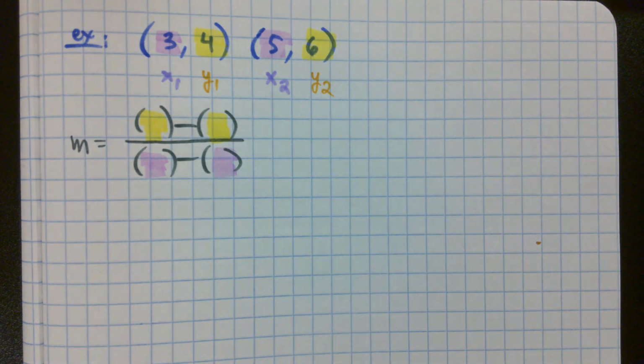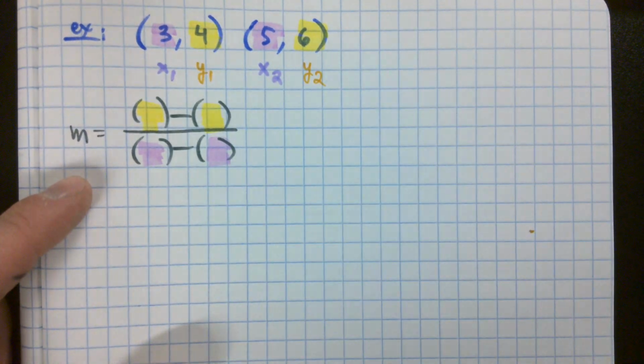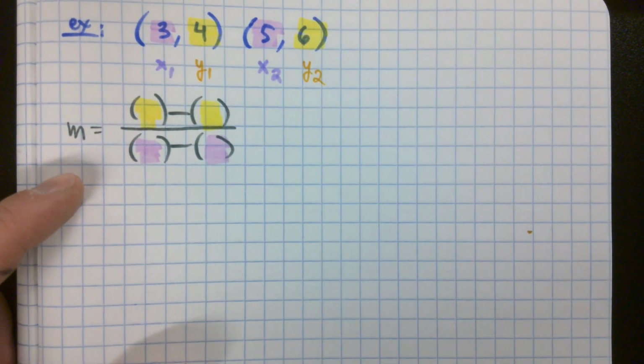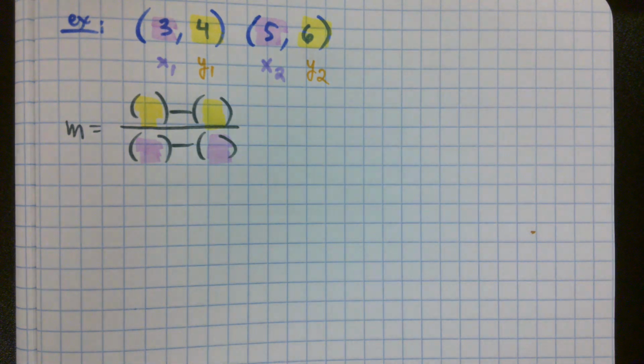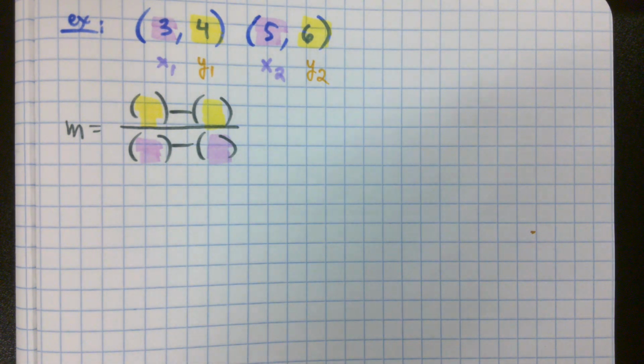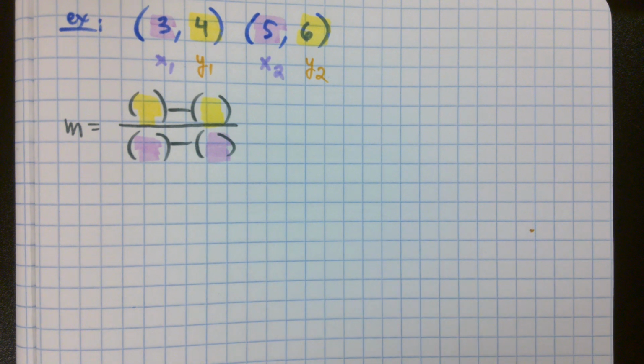So anytime we're doing this, the y always goes on top and the x always goes on bottom. But I'm not exactly sure how the ancient mathematicians discovered that. It's a little above my pay grade, but I appreciate your curiosity. Just remember the y's go on top, x's go on bottom.